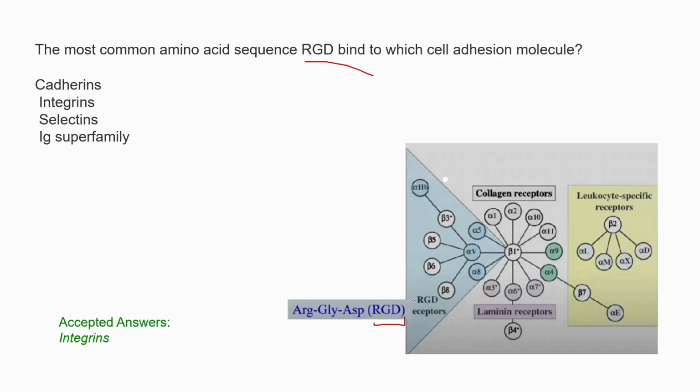So this is basically an RGD receptor. Similar to RGD, it has collagen receptors, leukocyte specific receptors, and laminin receptors. So integrin plays a major role in cell adhesion, and because of these receptors, integrins can bind to the RGD sequence.